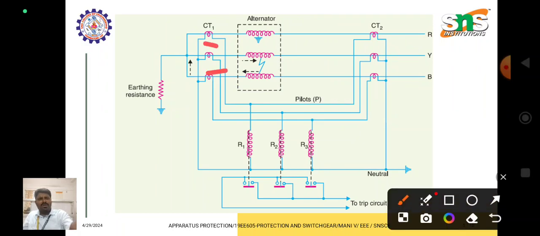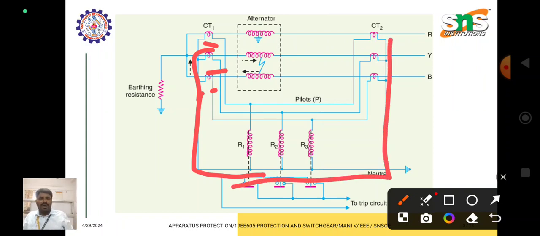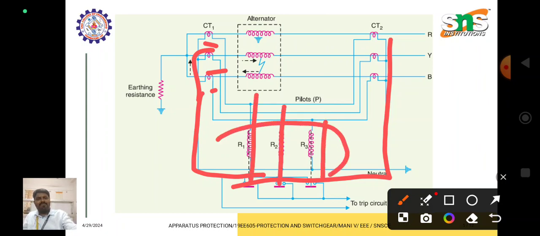All the CTs are connected in star connection, and the secondary star connection is interconnected, and between R phase to neutral, Y phase to neutral and B phase to neutral, there will be an operating coil.